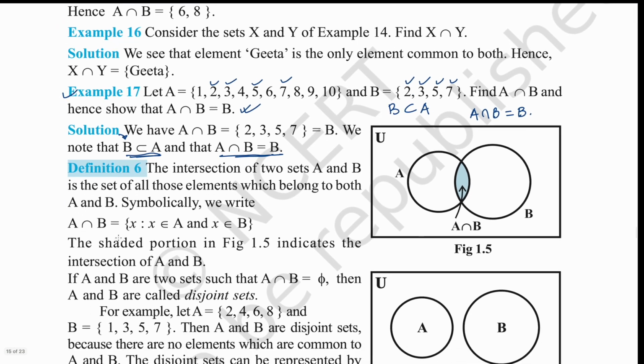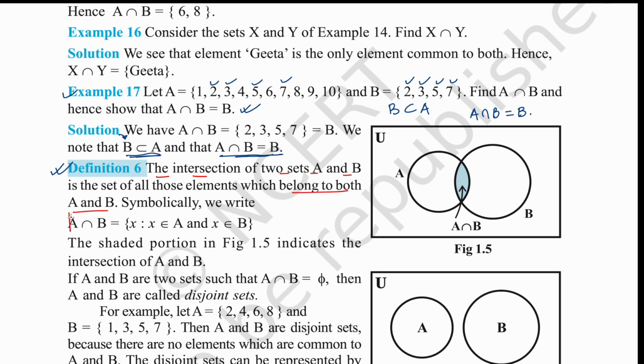If you want to define the intersection of two sets in formal language, the definition will be: the intersection of two sets A and B is the set of all those elements which belong to both A and B, right?